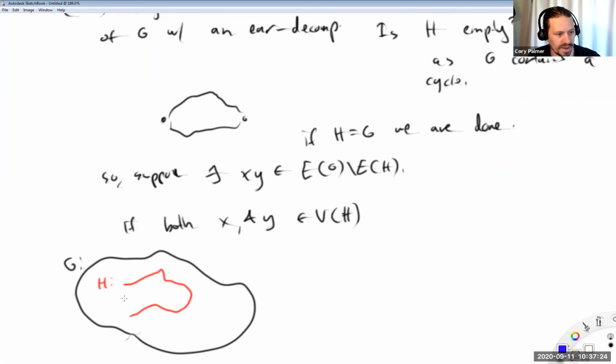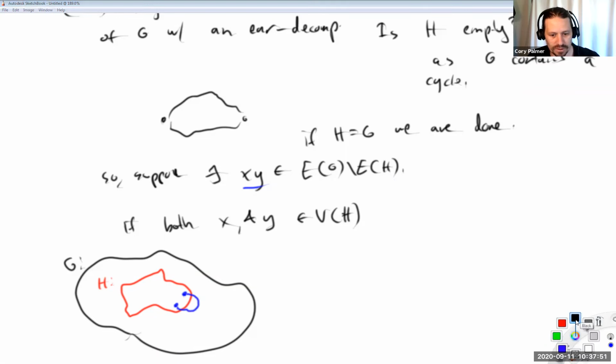I'll draw it like this. It may span all the vertices potentially. That's not important here. But it's got some vertex set. If X and Y are in that vertex set, so there's X here and Y here, how should I draw the edge so that it matches the situation? The edge XY, which exists, is not inside of H. So I'm going to draw it outside of here, just so it makes sense. That edge was not in H.